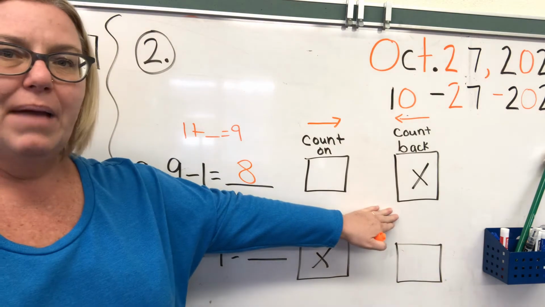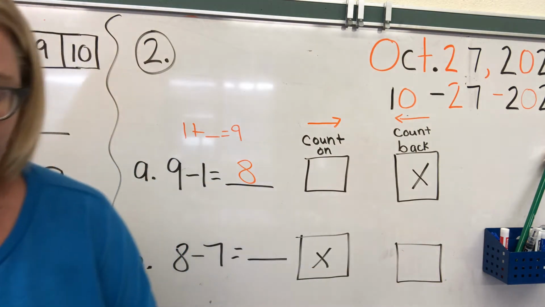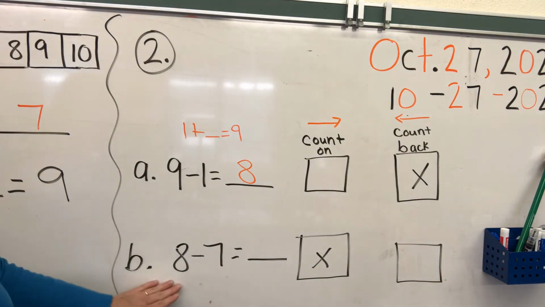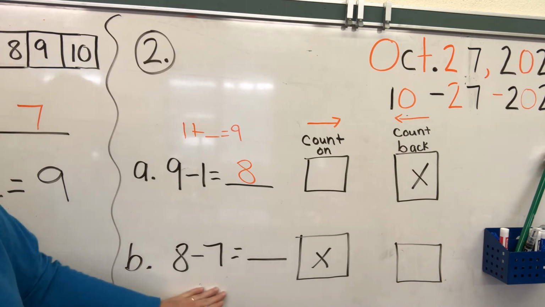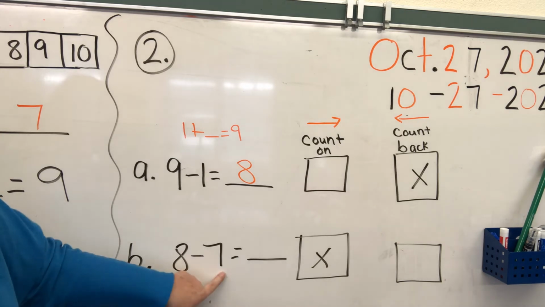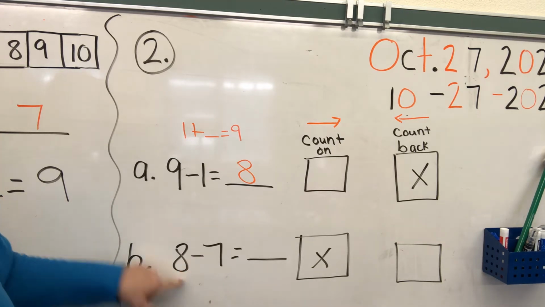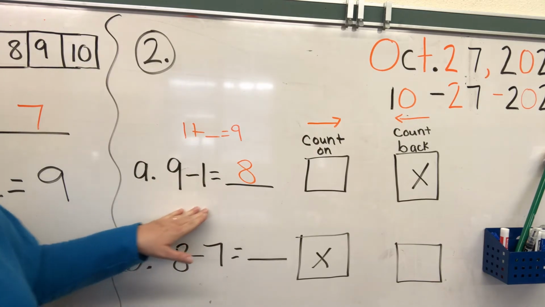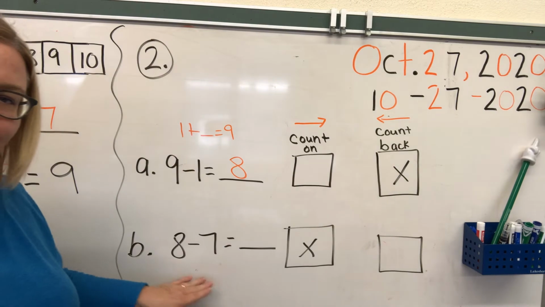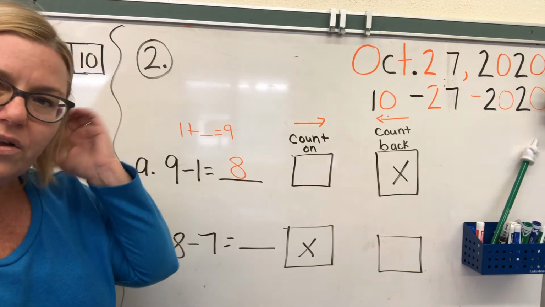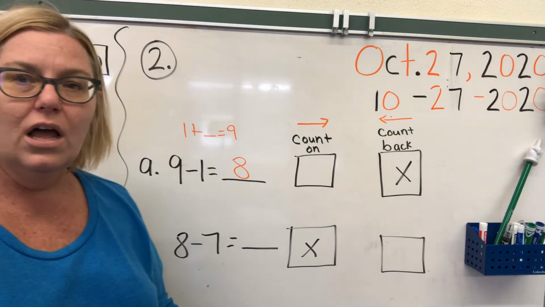We counted back. This time, we have 8 minus 7. And those numbers are close together. So it's faster to count on from 7 to 8. These numbers are further apart: 9 and 1 is further away. But 7 and 8 are right next to each other. So it's going to be easier to count on.